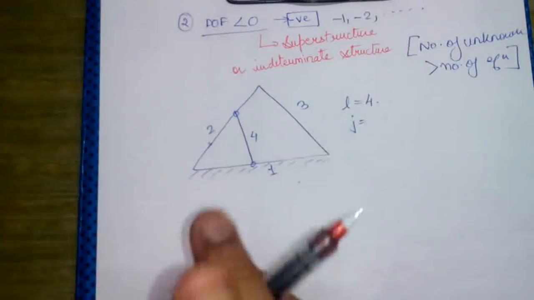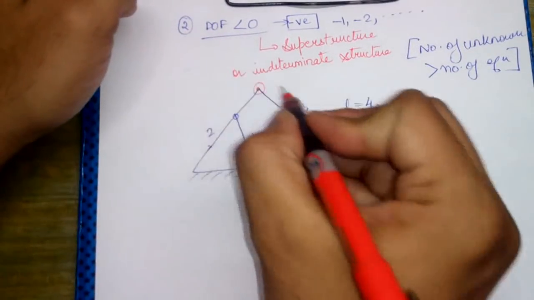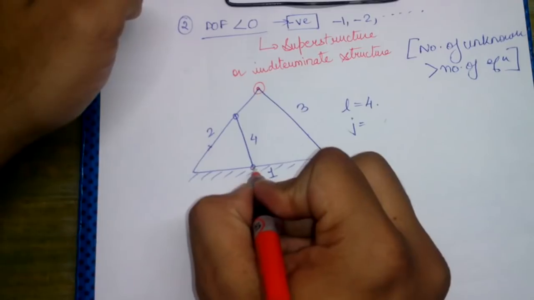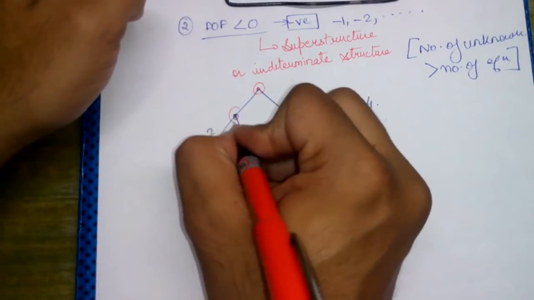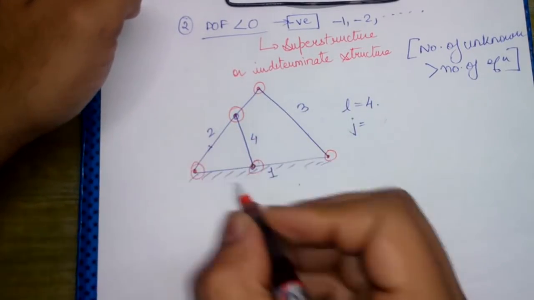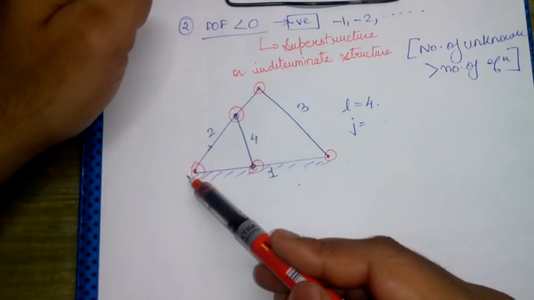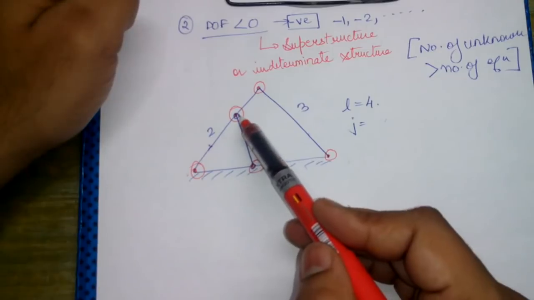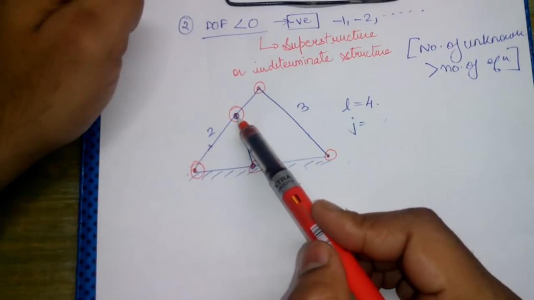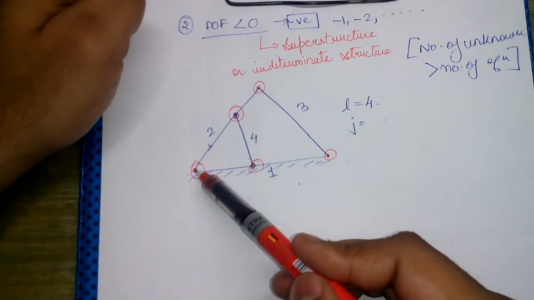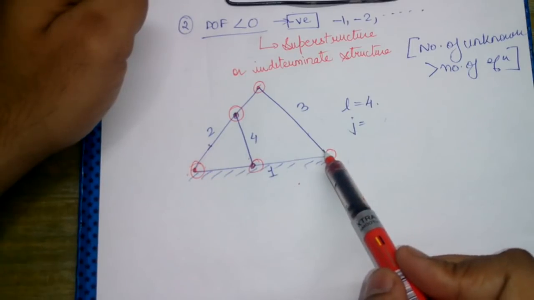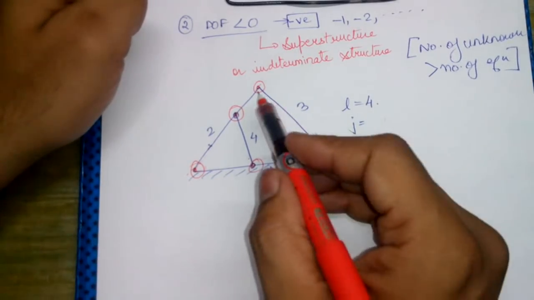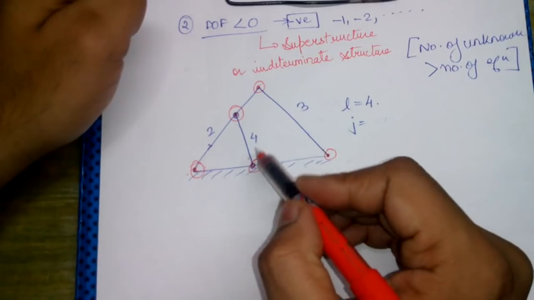Number of joints: this is a joint, this is a joint, this is a joint, this is a joint, and this is a joint. See, this is one complete link. Some people will think this is one link, this is another link, so this becomes a ternary joint. No, this is one complete link. This is also one complete link. So the number of joints becomes 1, 2, 3, 4, 5.